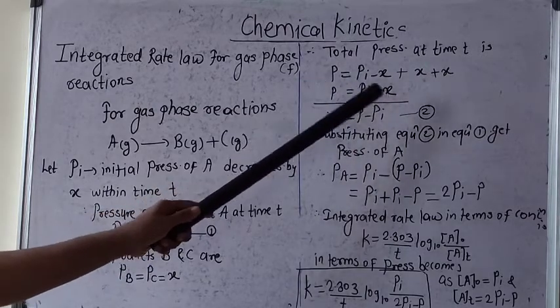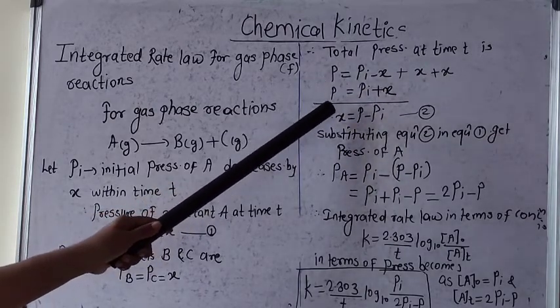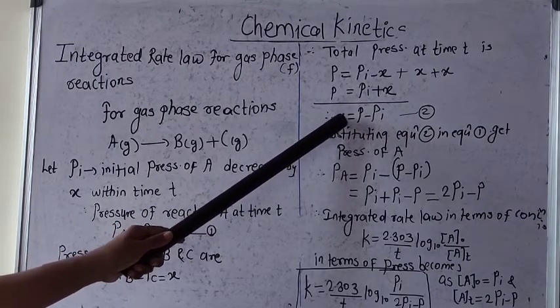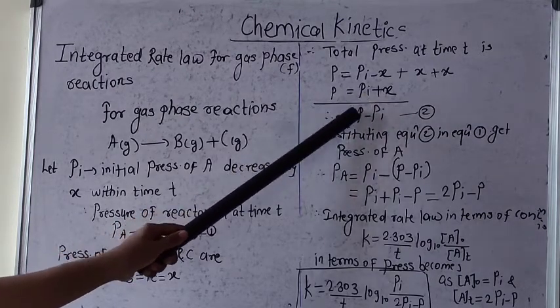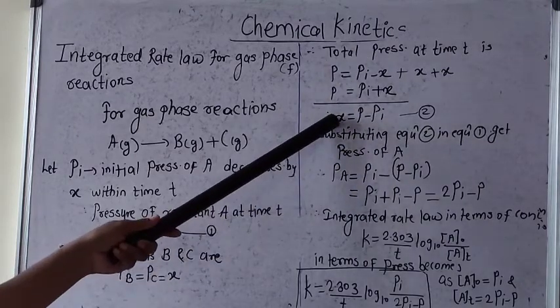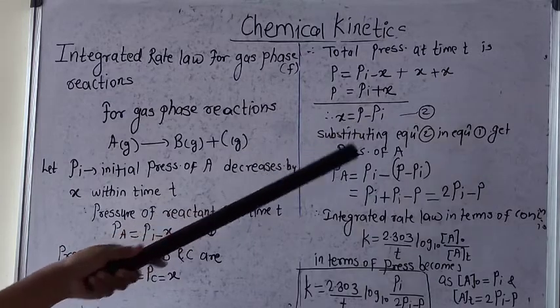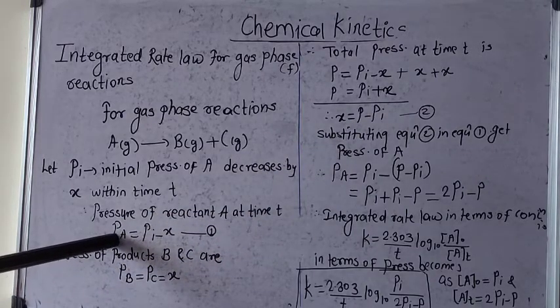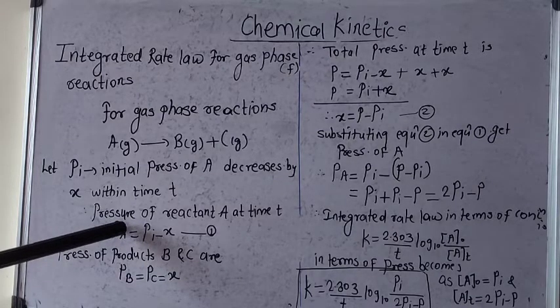Shifting the position, we get the value for x: x equal to P minus Pi. Call this equation 2. Now this x value from equation 2 we put in equation 1, so that we get Pa, the pressure of reactant A at time t.